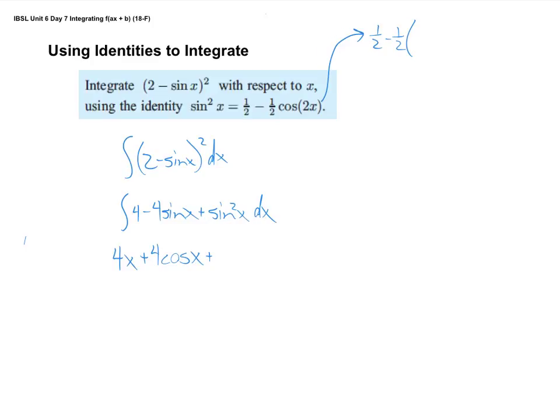And if you remember from last year, and it's also in the formula booklet, you've got identities for cosine of 2x. So it could equal cosine squared minus sine squared. It could equal 2 cosine squared minus 1. Or, the one we're going to use, is 1 minus 2 sine squared of x.